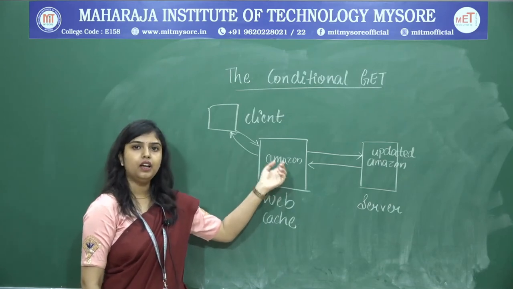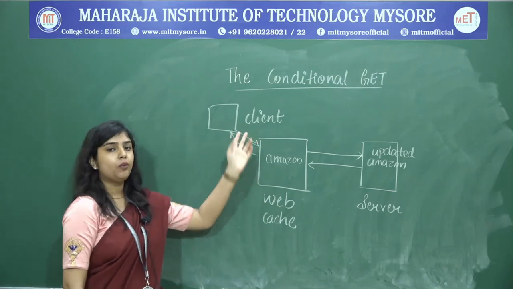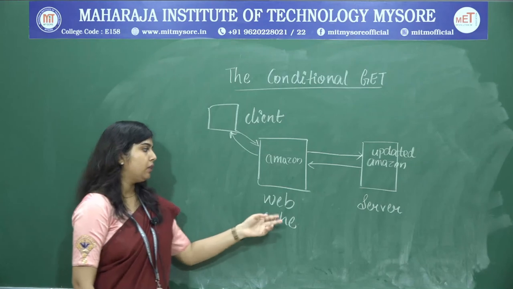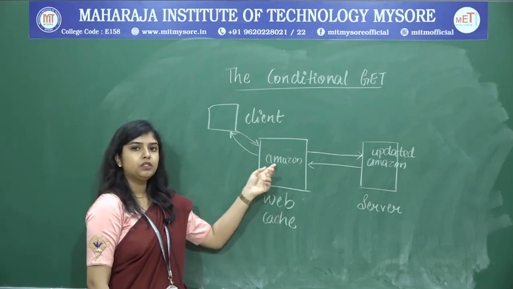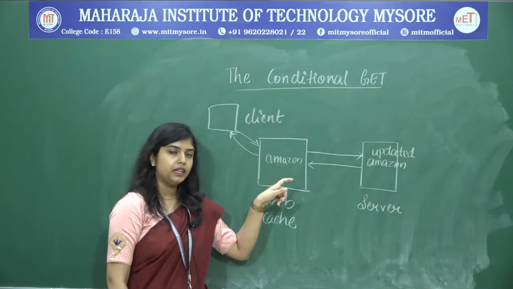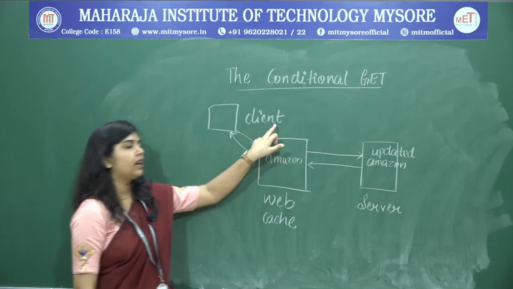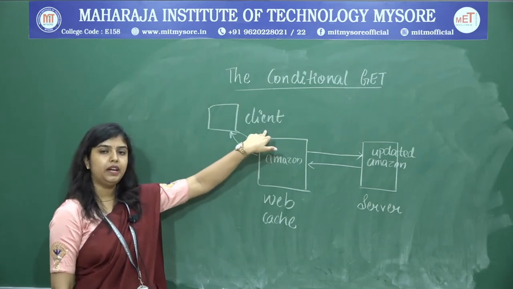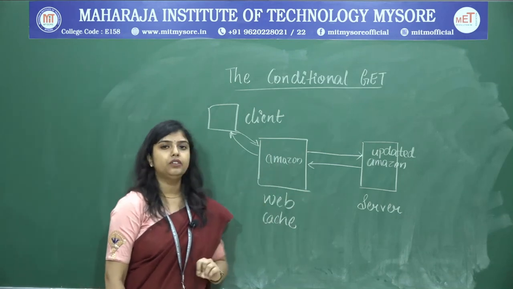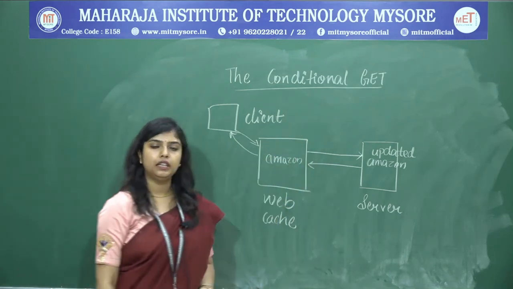When the client requests the Amazon page again after a few weeks, the web cache will respond with the older version, because the copy is already present and it does not ask the server. That means the client is getting the older version, and the updates from the server are not reaching it. To get rid of this problem, we use the conditional GET.